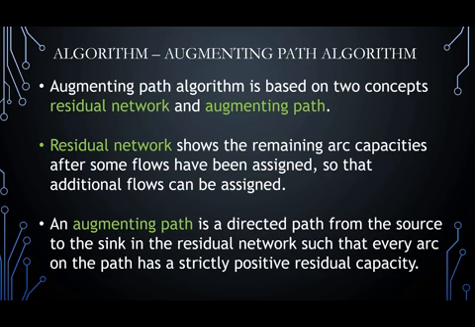Then the augmenting path. An augmenting path is a directed path from the source to the sink in the residual network, such that every arc on the path has a strictly positive residual capacity.